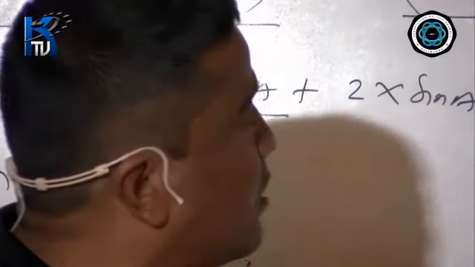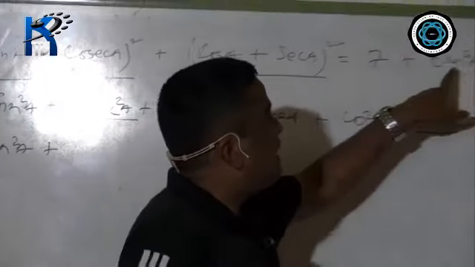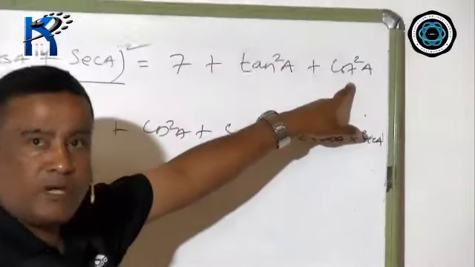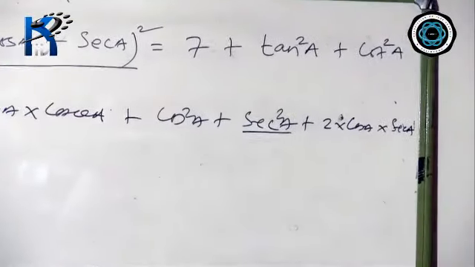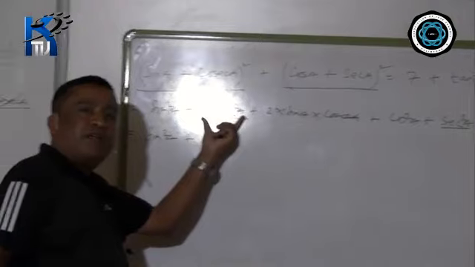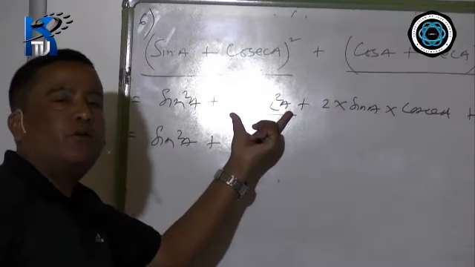Why this cosec square A and sec square A is important? Because what is the right hand side? Right hand side is tan square A plus cot square A. Now instead of cosec square A, if you write 1 by sin square A, you will not get the answer.